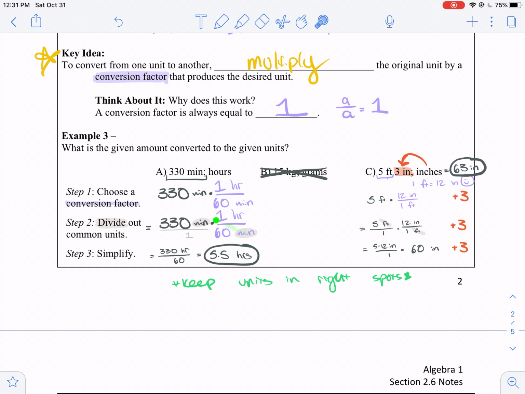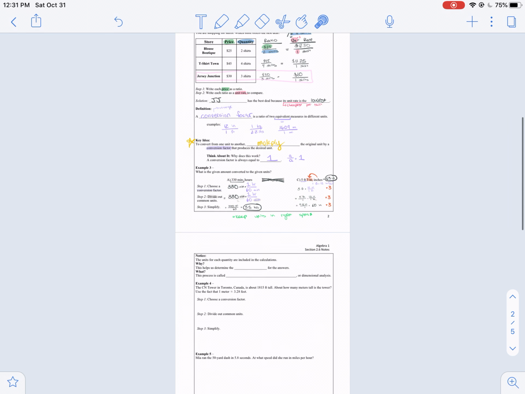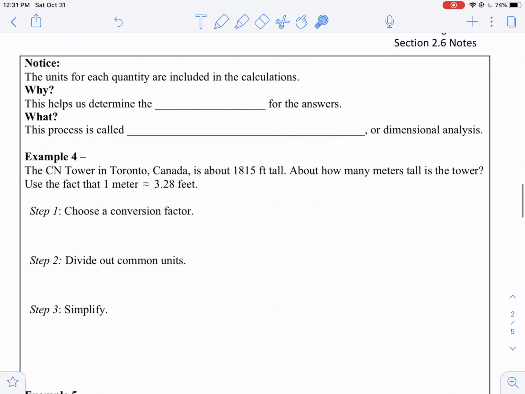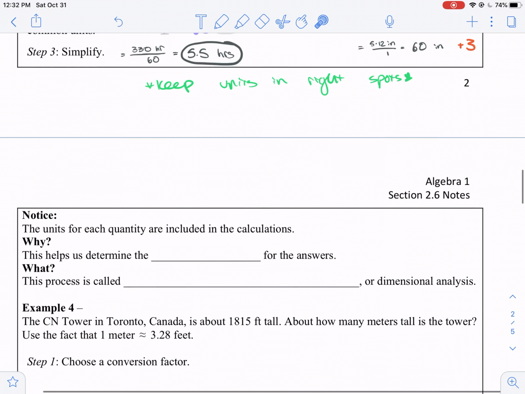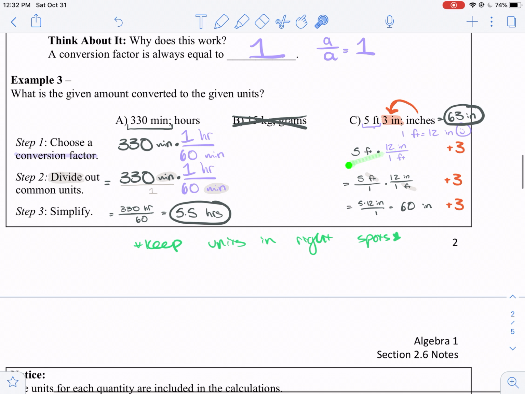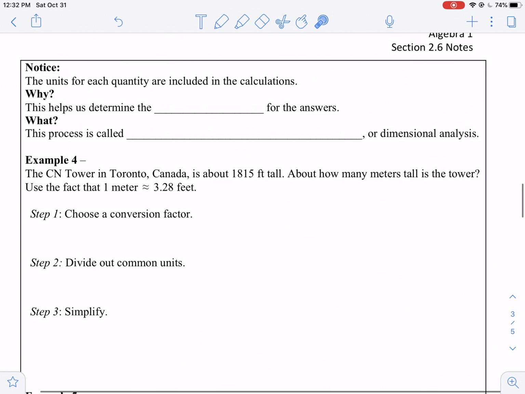Like my minutes canceled out with my minutes, my feet canceled out with my feet. In case you ever need a hand with that, be sure to speak up and I would love to help you out. Okay. So notice that every time we're doing each step of the calculations, the units are in there because the units will help us determine the actual unit for the answer.